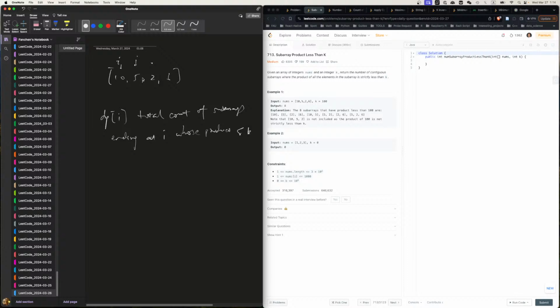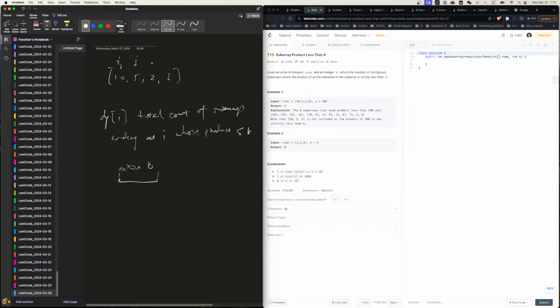But if we try this, okay, so we have a range. Everything multiplied together is smaller than k. So any consecutive subarray inside will be good, right? Anything inside will be good.